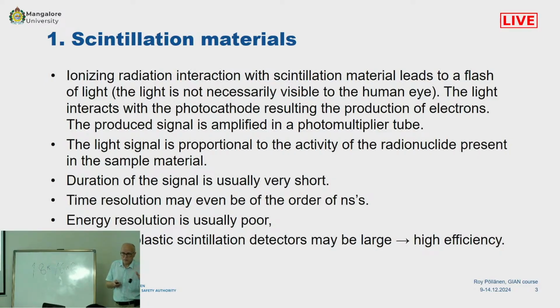And as I explained yesterday, the light interacts with the photocathode, resulting in the production of electrons, and these electrons are multiplied in the photomultiplier tube. The point is that the light signal is proportional to the activity of the radionuclide present in the sample material.